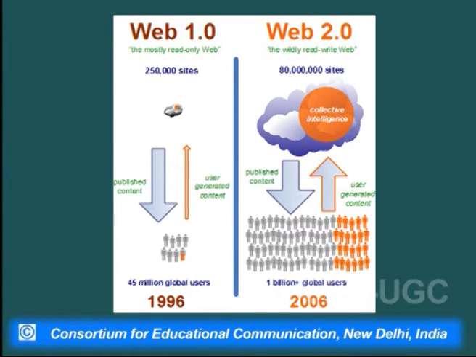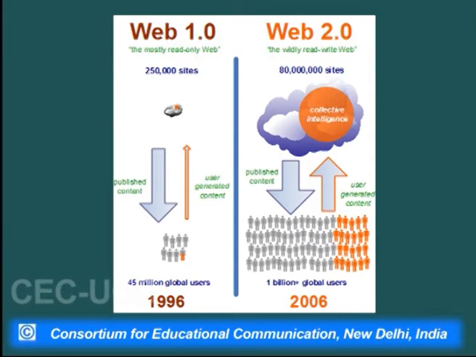Now, what is the difference between Web 1.0 and Web 2.0 tools? As we have just mentioned, Web 1.0 tools are basically the read-only web, and Web 2.0 tools are the widely read-write web.